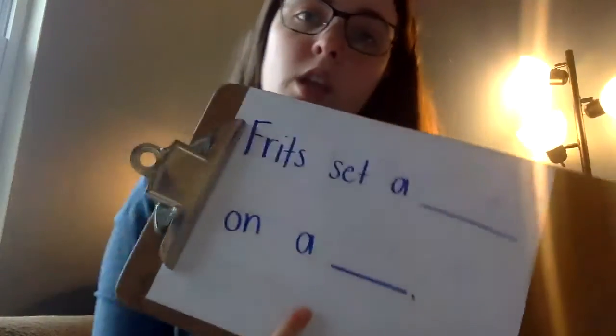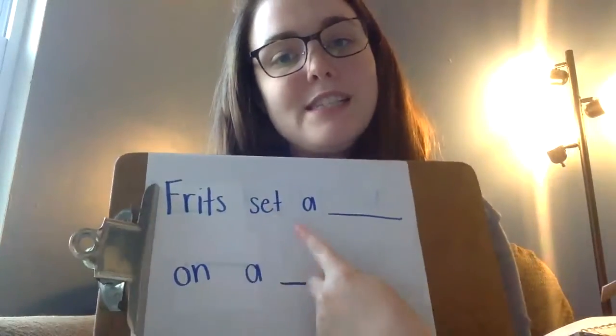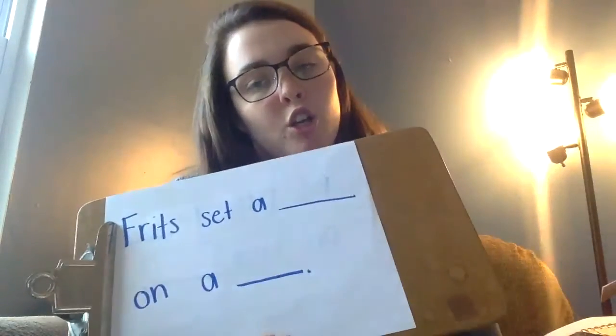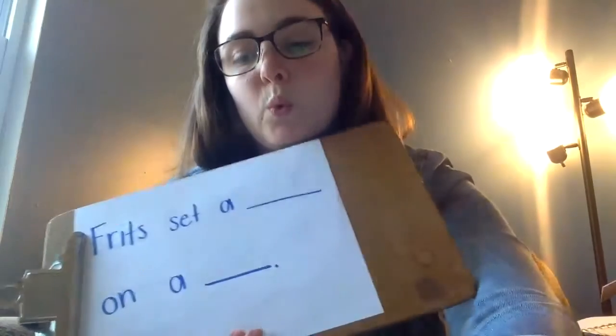Awesome. All right, we're going to try two more together. So the next one I want us to look at is we're going to talk about Fritz. And it says, Fritz set a blank on a blank. So I'm going to use this picture first.